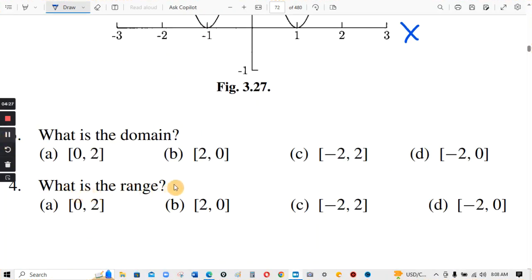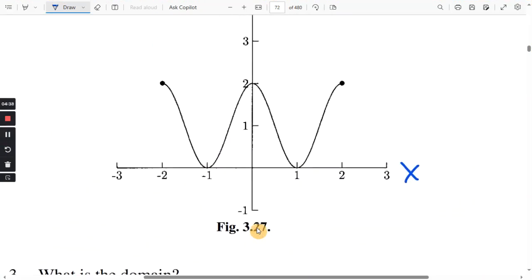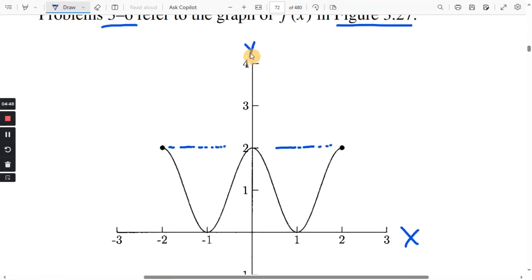All right, number 4, what is the range? The range is simply the y values. So let's look for the y values on the graph. The highest point, or points, is right here. We're going to the y-axis right here.